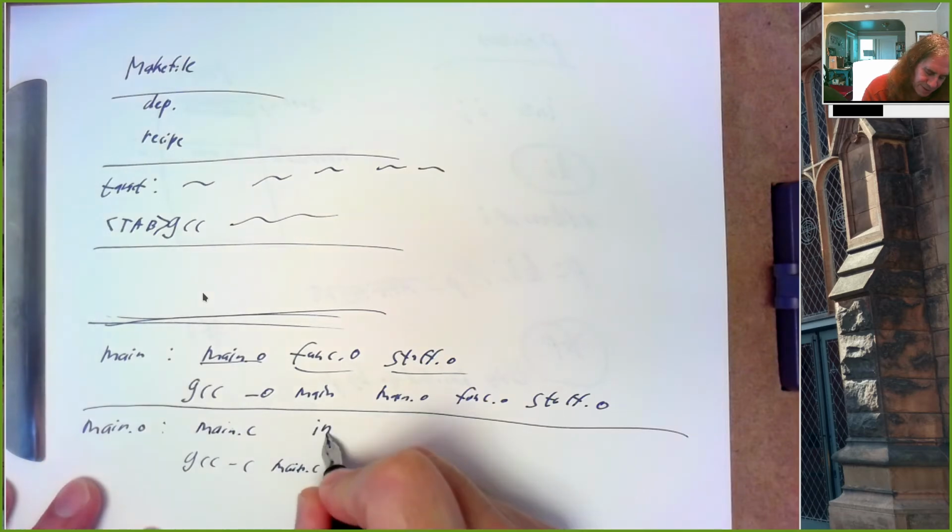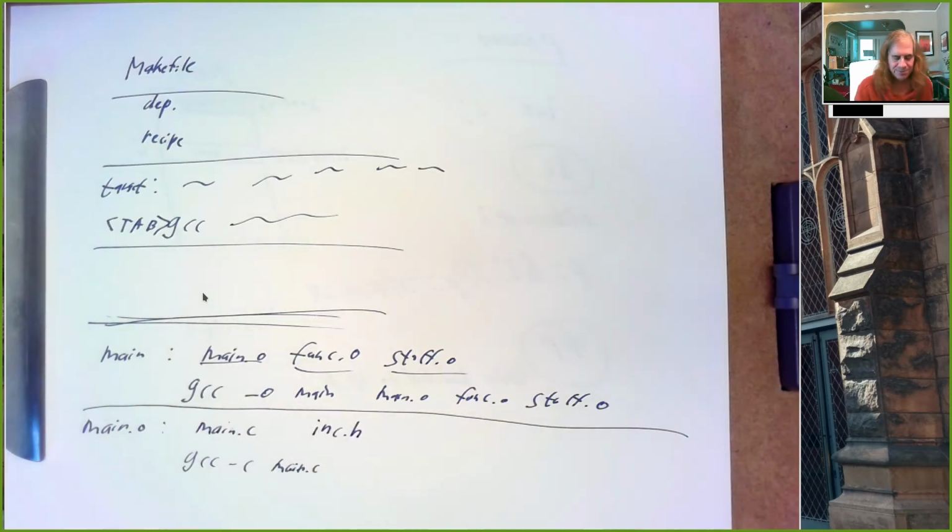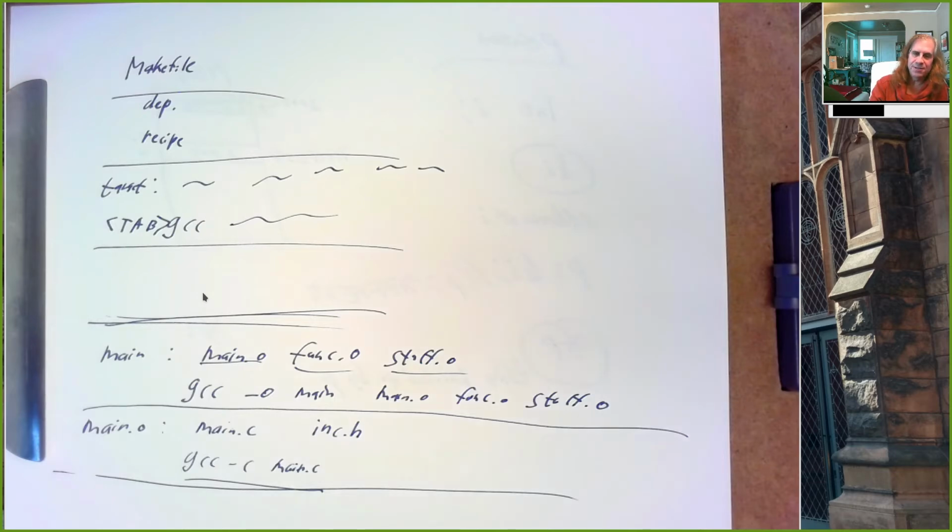So maybe there's some include file.h. So this line of the makefile says, look at when inc.h and main.c were modified last. And if any of those were modified after main.o was last created, we need to rebuild main.o. Here's the command for doing that. And so your makefile is just a whole bunch of these pairs of dependencies and recipes.